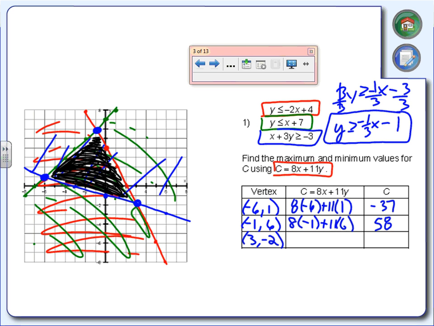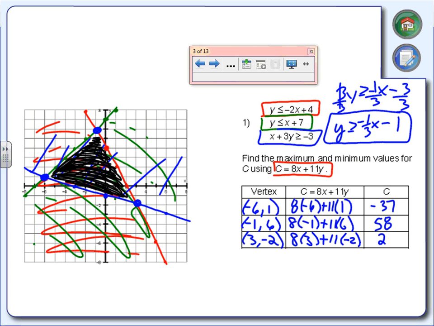All right, one last time here. Replace x with a 3. Replace y with a negative 2. And let's see what number we get this time. 2. So the values of c were negative 37, 58, and positive 2. And we got those by using the vertices.